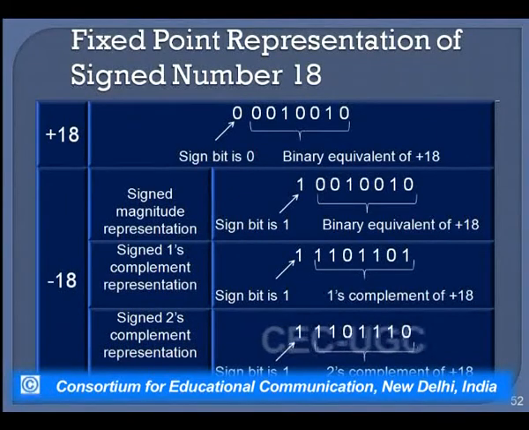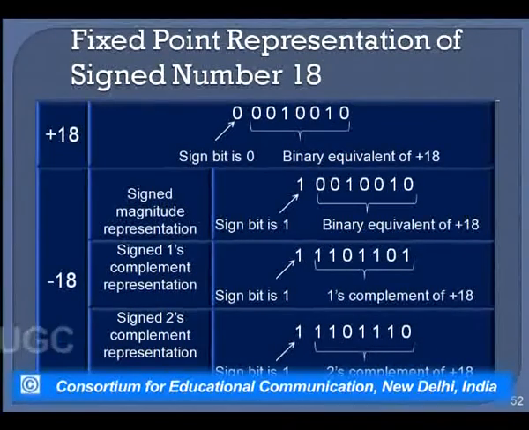But when we talk of minus 18, there are three ways of representing it. In signed magnitude, the sign bit is 1 and the rest is the binary equivalent of plus 18 itself. We know this is a negative number because the sign bit is 1. The second is representing minus 18 using 1's complement form.